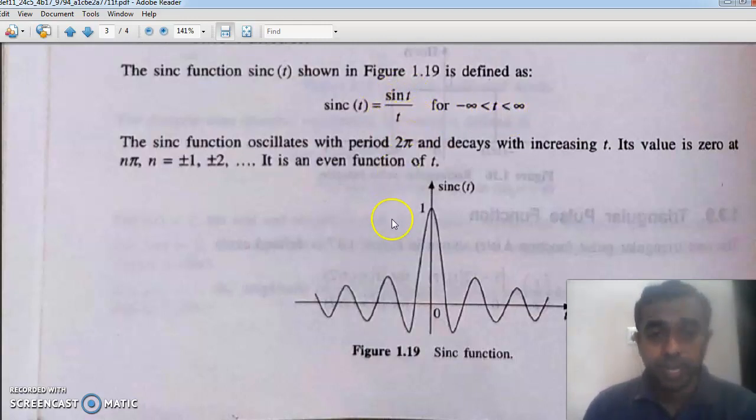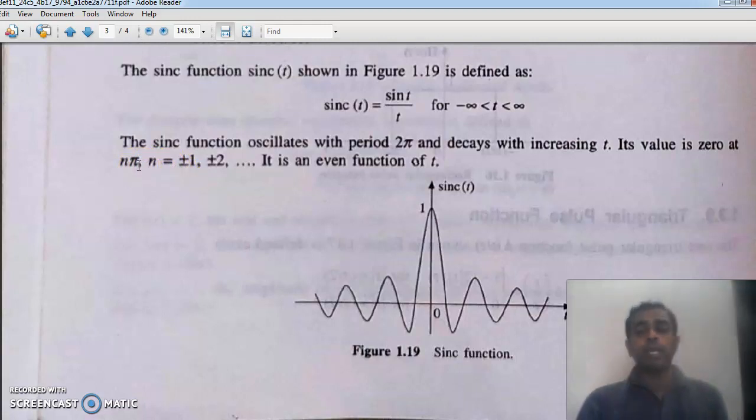It oscillates with a period of 2 pi, and another important thing is that it has natural zeros at all multiples of pi, that is at pi, 2 pi, 3 pi, 4 pi, likewise minus pi, minus 2 pi, and so on. It's an even function: when you keep the y-axis as a reference, the mirror reflection happens on the other side. That is the peculiarity of an even function.